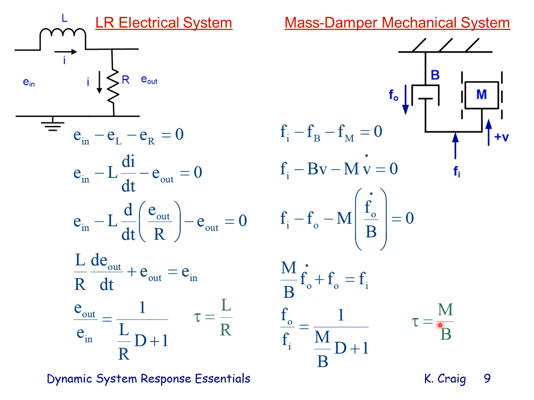M over B is tau. Could have predicted that because L is the same as M and R is the same as B, and voltage is the same as force. And so using the differential operator, my transfer function is given by that expression. So we see the analogy.